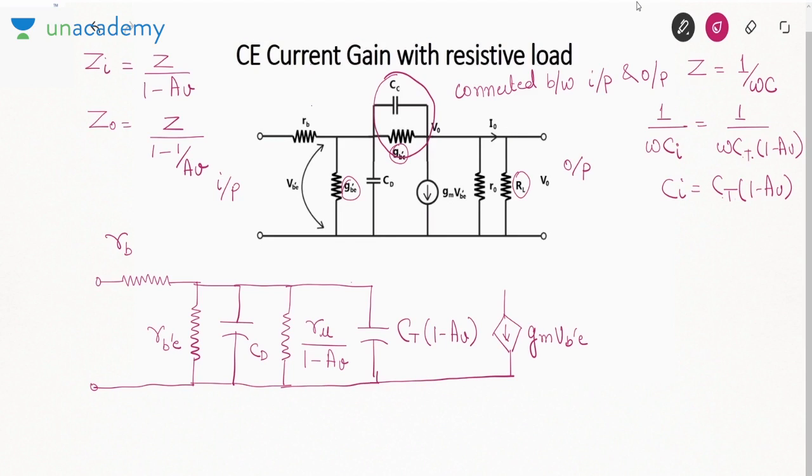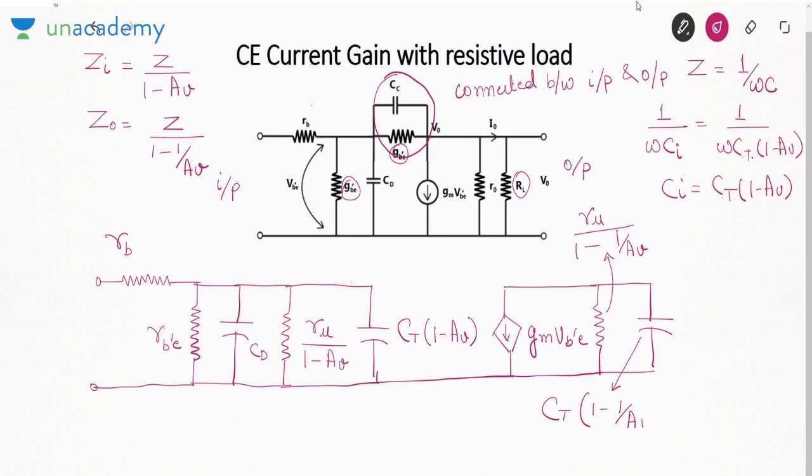Then you have to resolve this resistance on the output side. I am showing it up here. It will be R mu divided by 1 minus 1 by AV. Then we have the capacitor. If resistance is divided by a certain factor, capacitance will be multiplied: Ct into 1 minus 1 by AV.